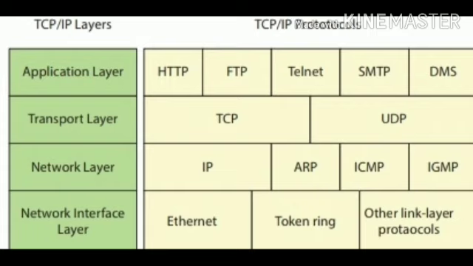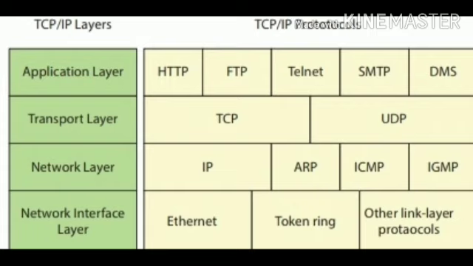Next, in the transport layer, we use 2 important protocols. One is TCP, another one is UDP. TCP is the Transmission Control Protocol. UDP is the User Datagram Protocol. TCP provides a reliable connection between 2 hosts, but UDP provides an unreliable and connectionless service.